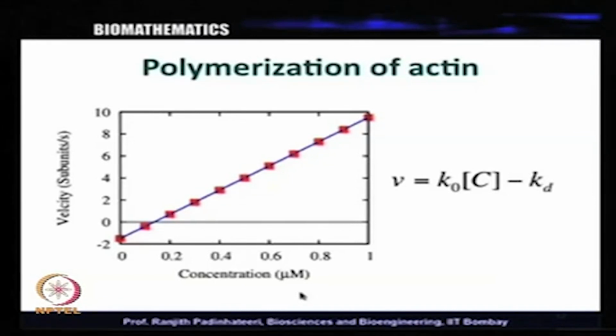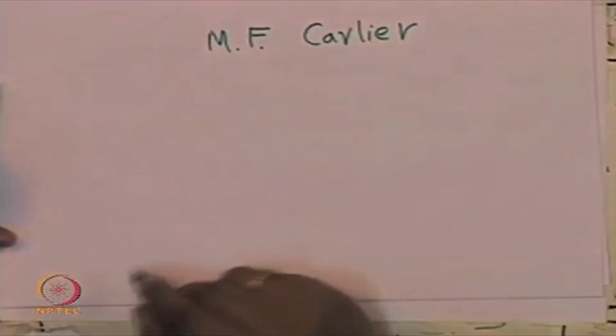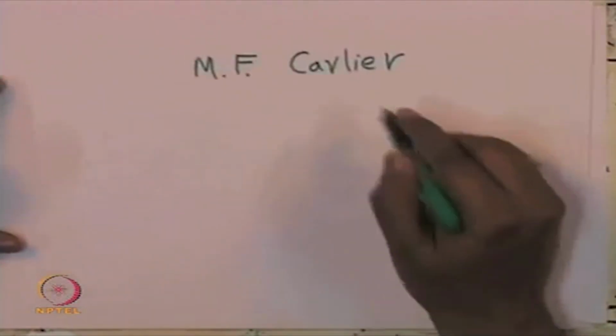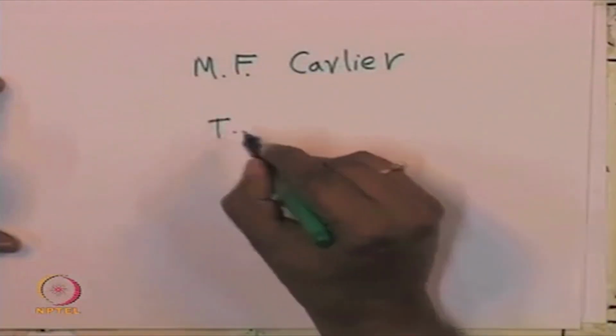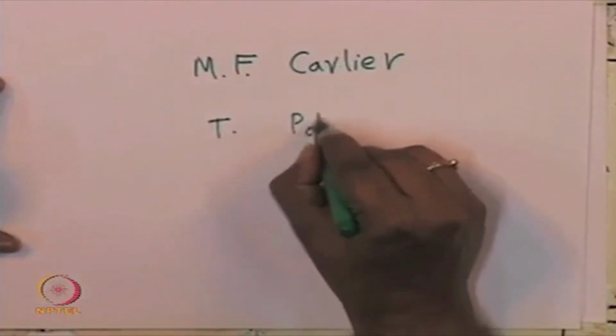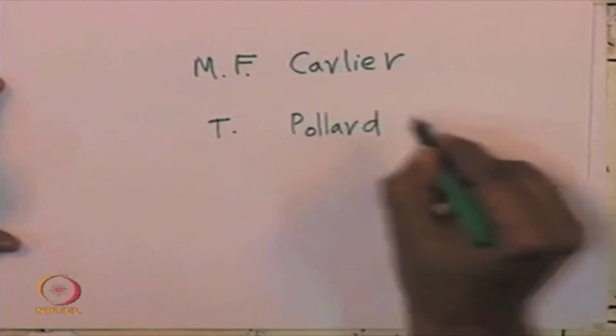This is a very interesting experiment done in the 1980s by two biologists. One person who did it is M.F. Collier. You can look at the papers of M.F. Collier, or you can look at the papers of T. Pollard.